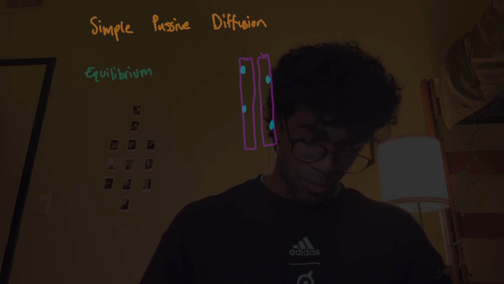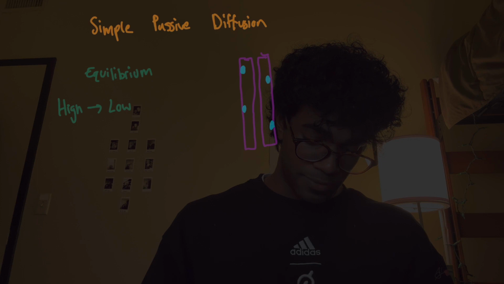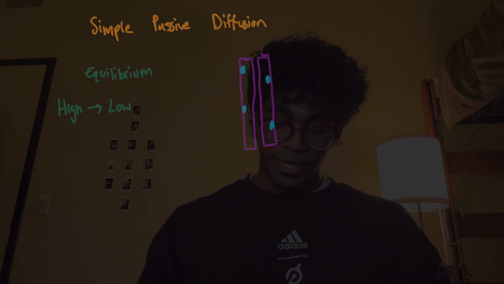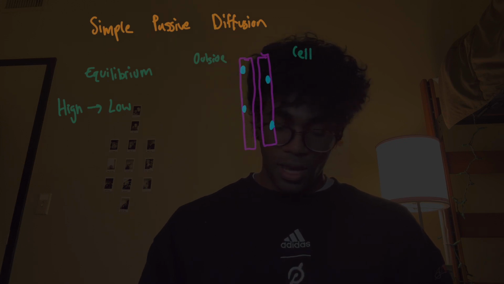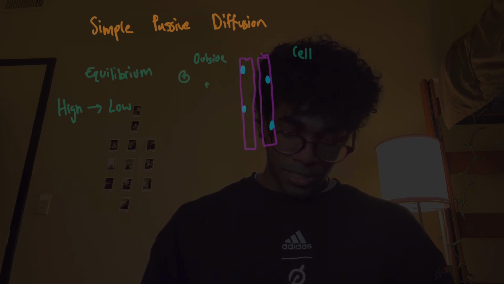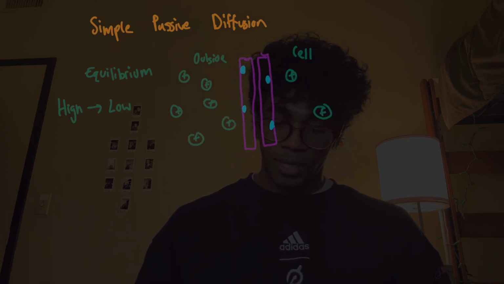Awesome. So like I said, we're moving from a high concentration to a low concentration. Let me give you an example. Let's say this is the outside of our cell and this is the inside. On the outside, we have a bunch of positive ions. Cool. And on the inside, we only have 2.